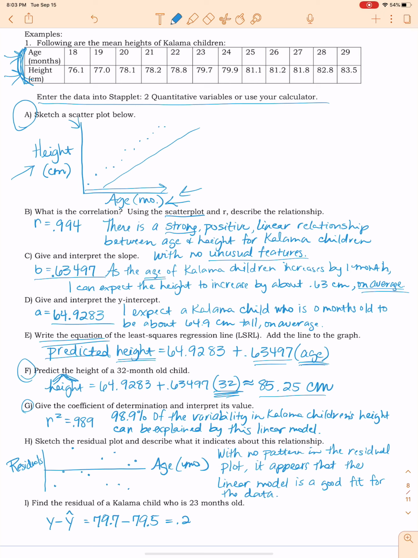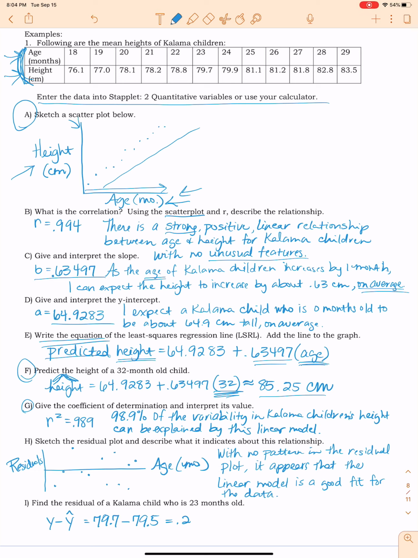Well, since the linear model has the explanatory variable of age and the response variable of height, it means that almost 99% of the variability in height is directly due to the age of the child. So that other 1% could be anything: nutrition, lifestyle, etc., etc.